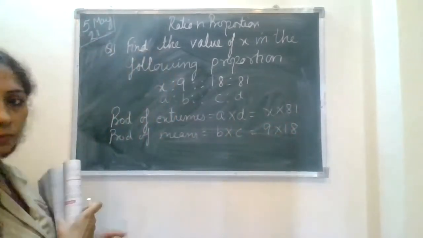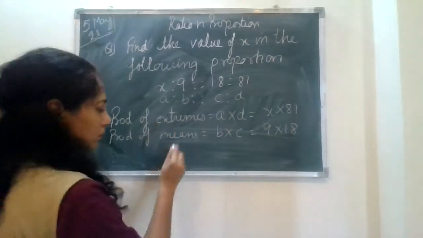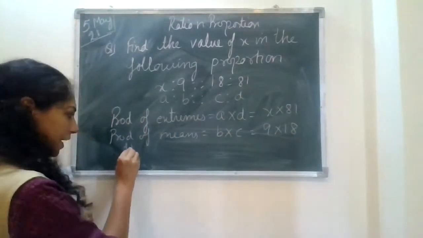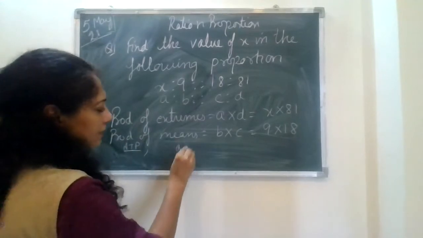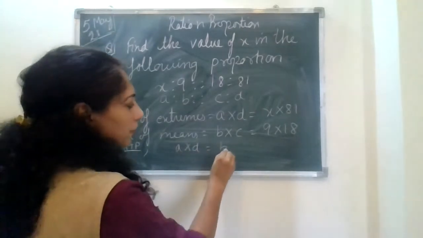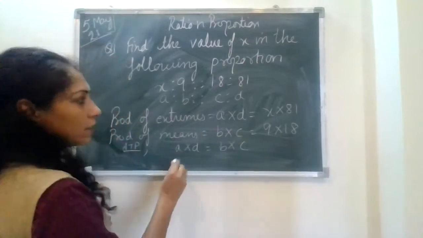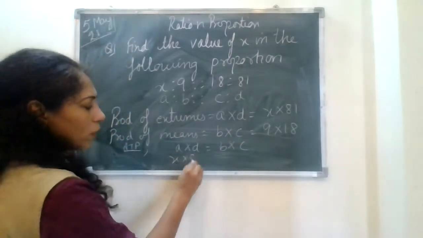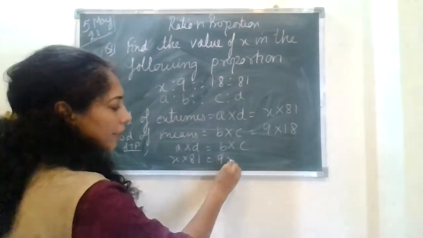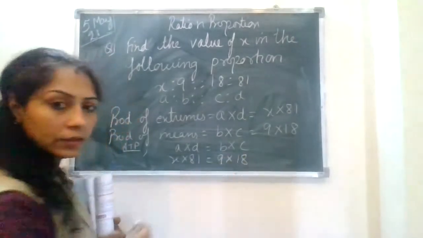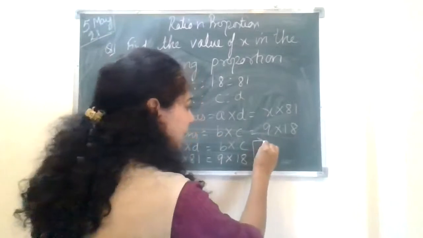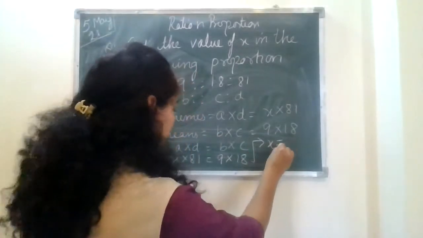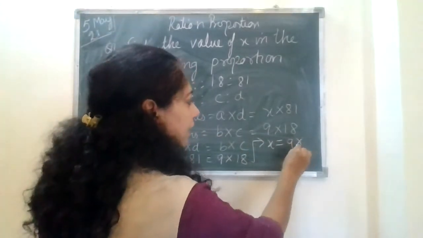According to the problem, this A into D is equal to B into C. Fine, that is x into 81 is equal to 9 into 18. Now, in order to dig out the value of x, see here, x is equal to 9 into 18.